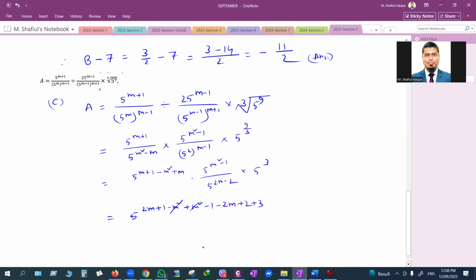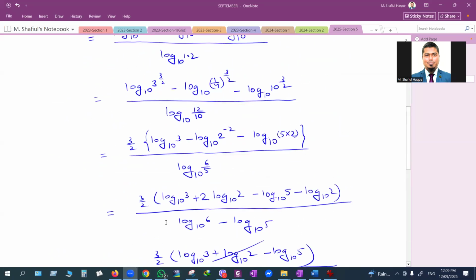So minus m squared plus m squared will be vanished. Minus 2m plus 2m will be vanished. Plus 3, this is plus 1 minus 1 will be vanished. So 5 to the power 5 will be there, okay? So we have got 5 to the power 5 as the value.